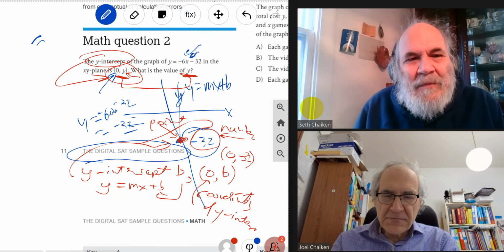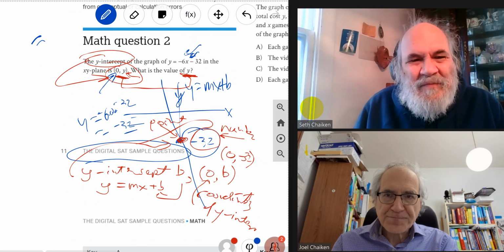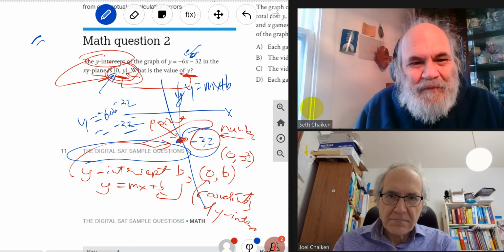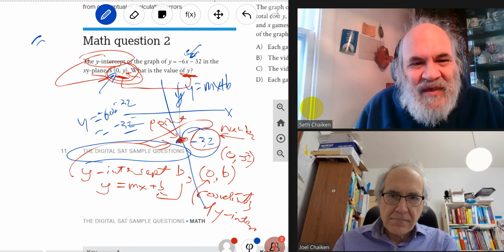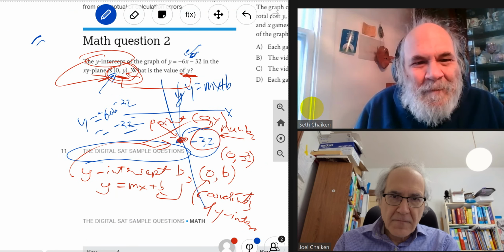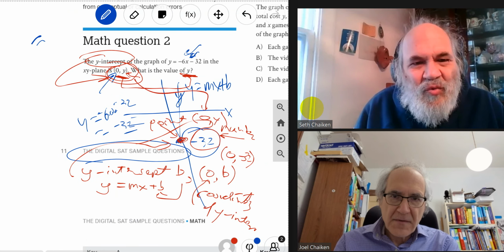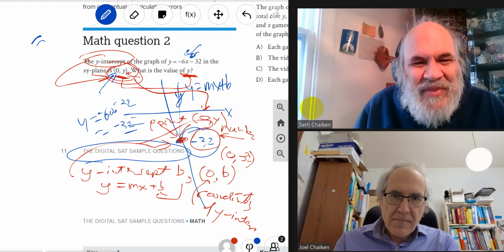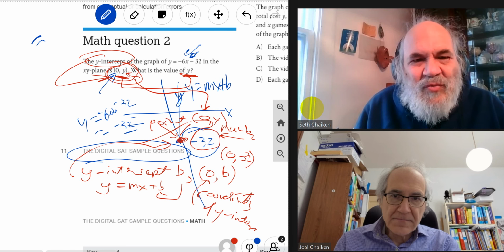You realize that (0, y) are the coordinates of the y-intercept. And then in that form, they're asking you, what is the value of y?